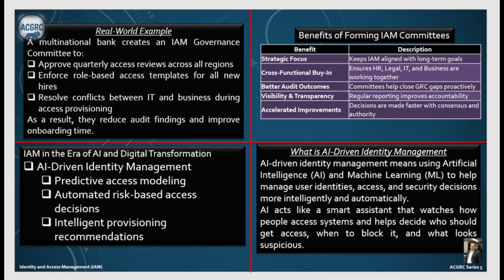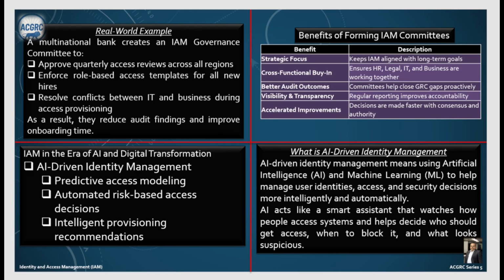Now let's look at IAM in the era of AI and digital transformation. Well, AI driven identity management helps predict access modeling, automated risk based access decisions, and intelligent provisioning recommendations. So what is AI driven identity management?